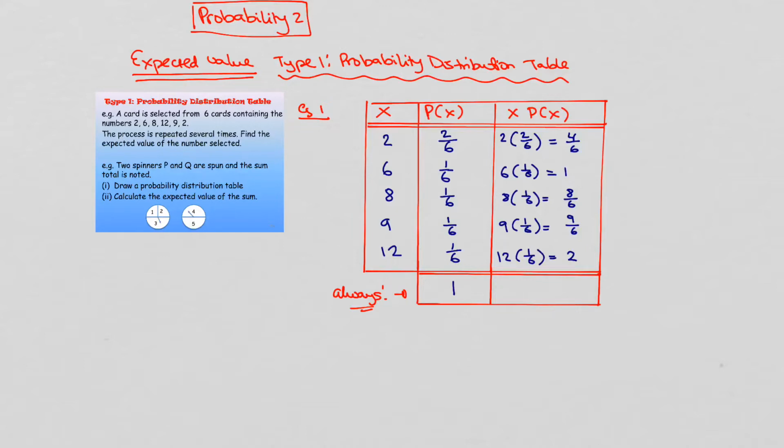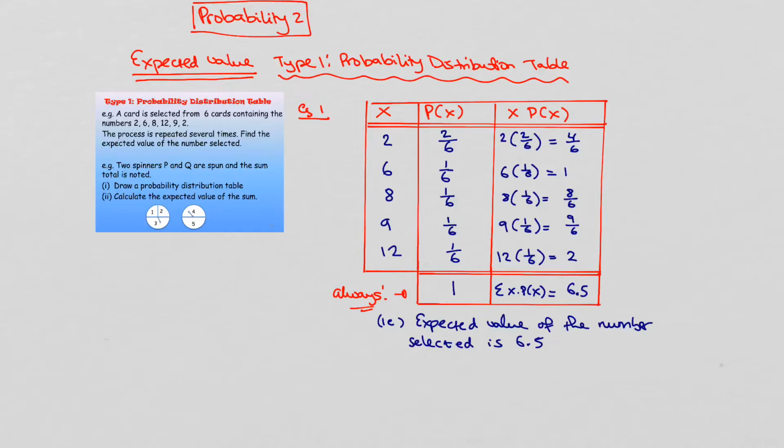So if I add these all up, what I end up getting is the sum of x times the probability of x, and that's equal to 6.5. So in other words, my expected value of the number selected is 6.5.